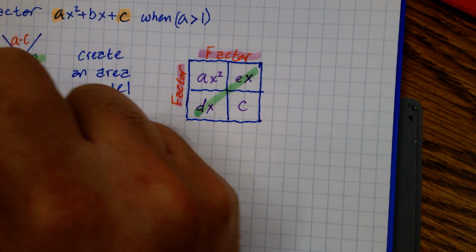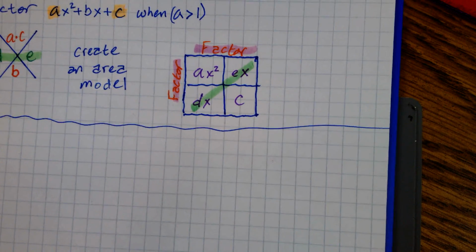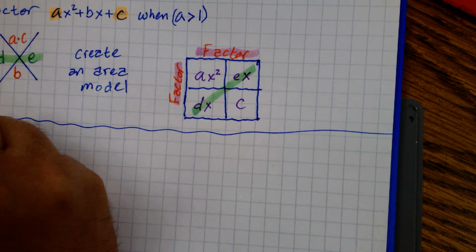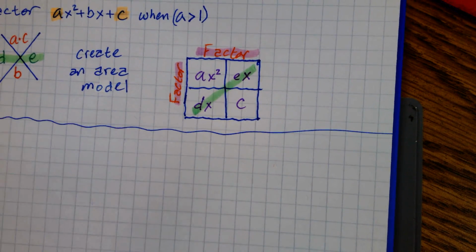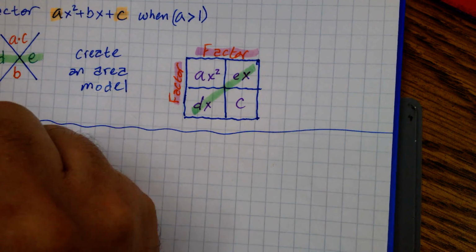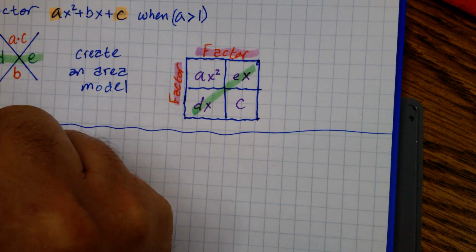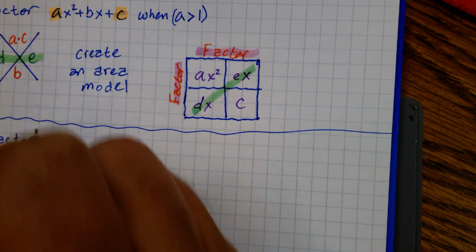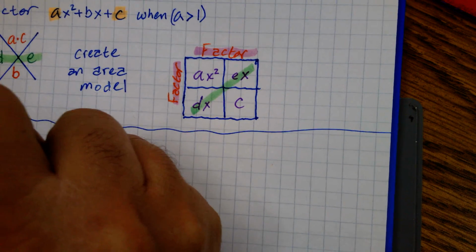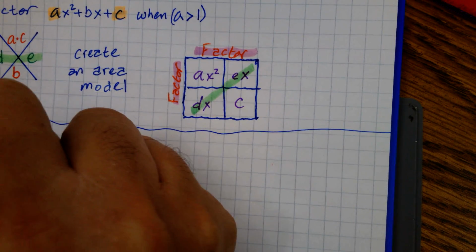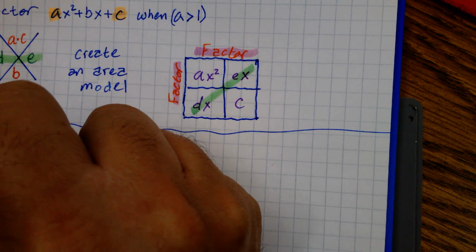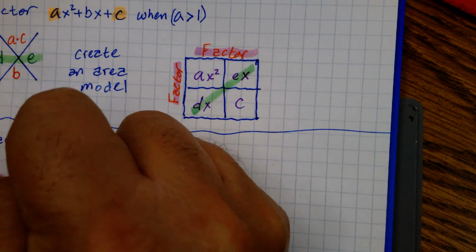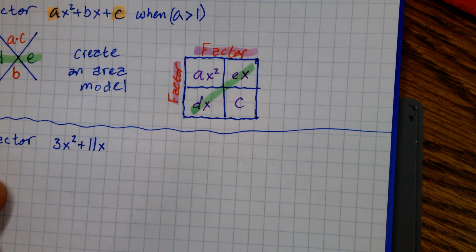Here we go. So here's an example. So let's say we want to factor 3x squared plus 11x minus 20.